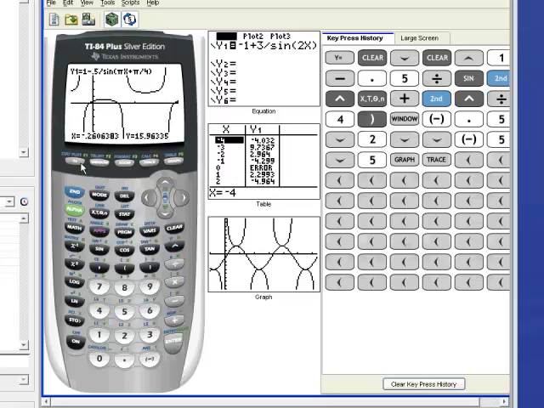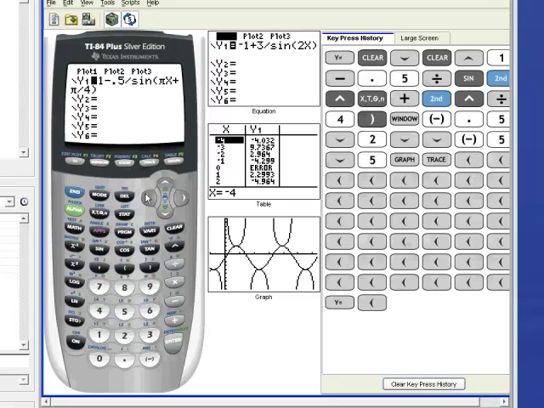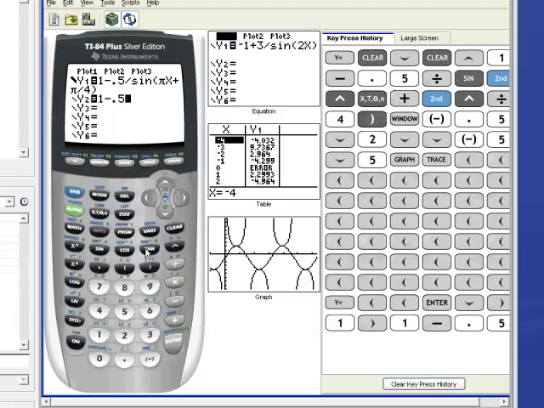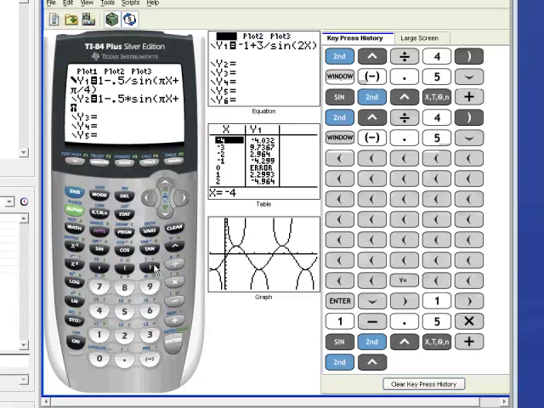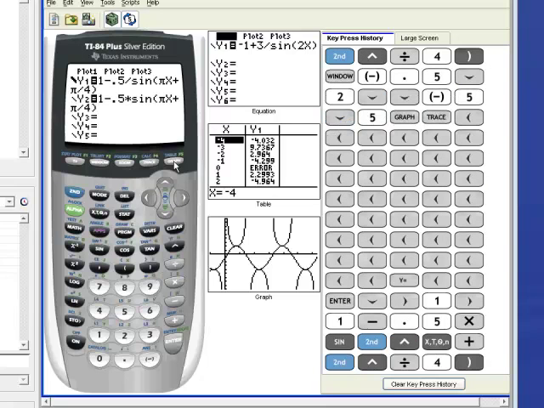And again, as I did before, I'm going to make this one bold and then go down here and plug in the 1 minus 0.5 times sine of pi x plus pi over 4. There we go.